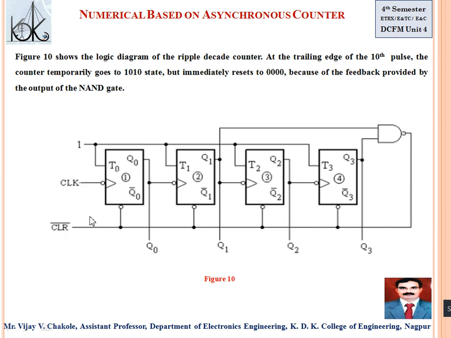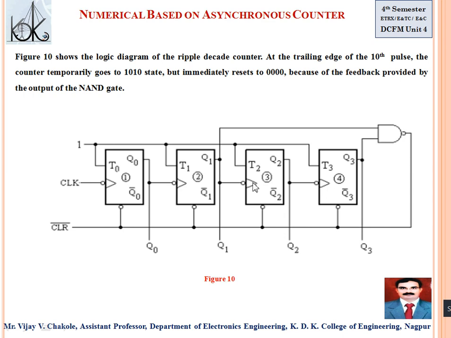Now the working is that whenever the negative edge comes here, with T equal to 1, the flip-flop toggles. The first goes from 0 to 1, a positive edge. My requirement is a negative edge, so this next flip-flop will not work, which means no change. Initially it is 0, next is also 0, 0 to 0 is low level.